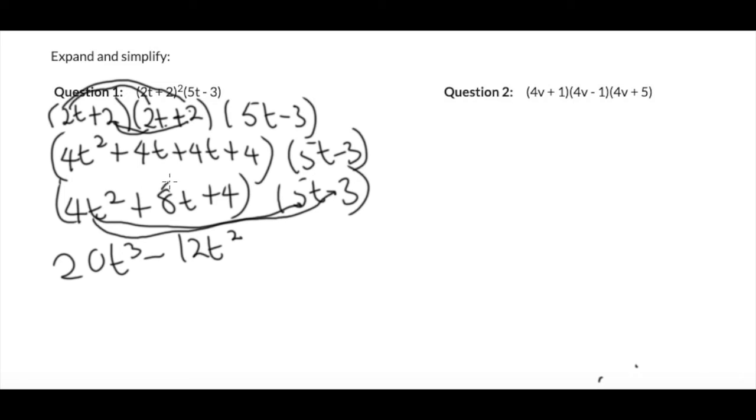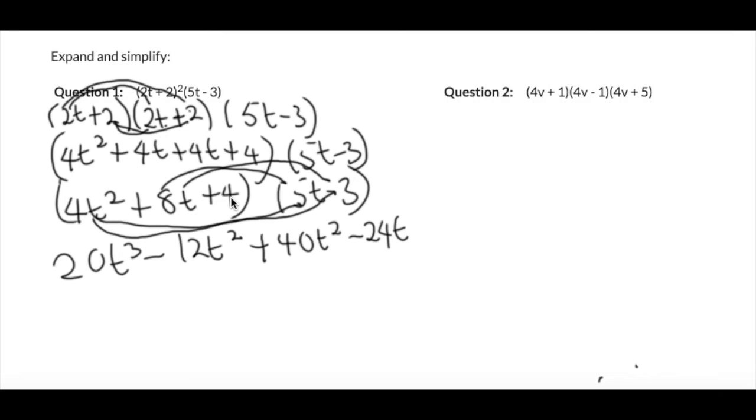And you do 8t times 5t, which is plus 40t squared. Then you do 8t times minus 3, which is minus 24t.